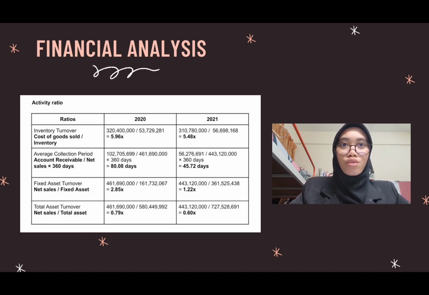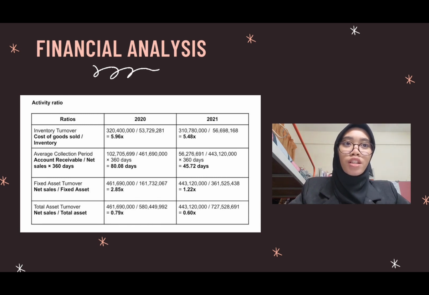Cost of goods sold for the year 2020 will be divided by inventory for the year 2020. So, 320,400,000 divided by 53,729,281 equals 5.96 times.